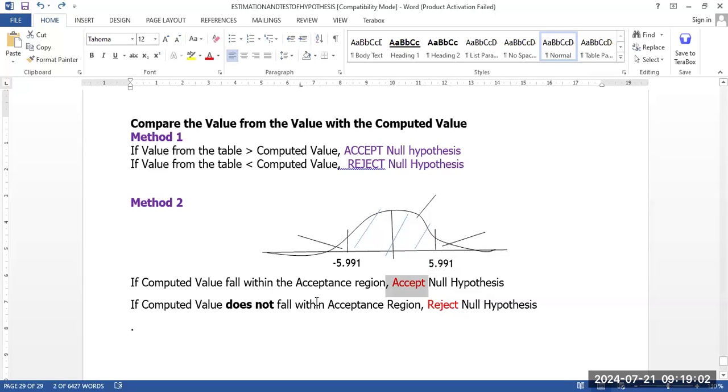But if it falls outside, or if it does not fall within the acceptance region and it falls in rejection region, then we do what? We reject. So you will hear me talk about this as we do some of the calculation numbers. Okay?